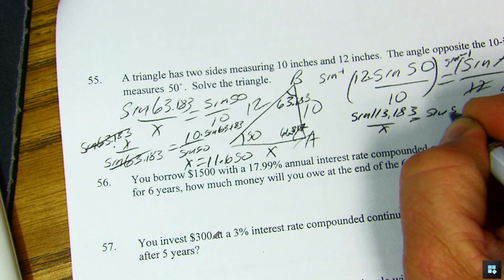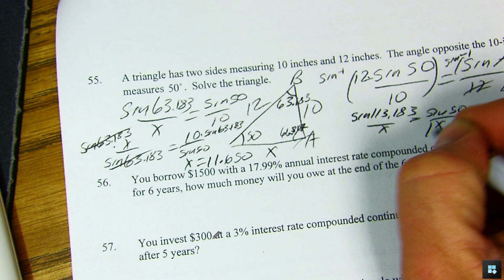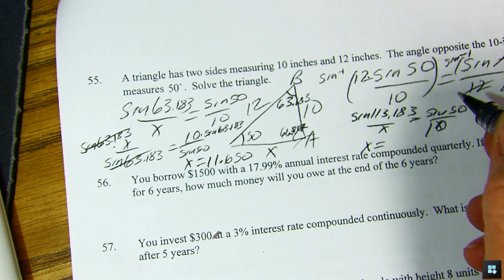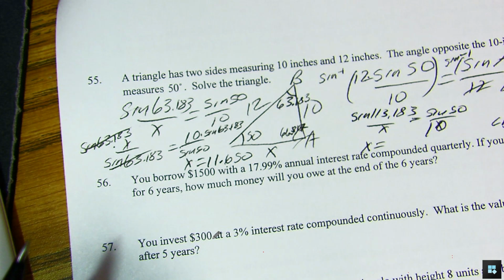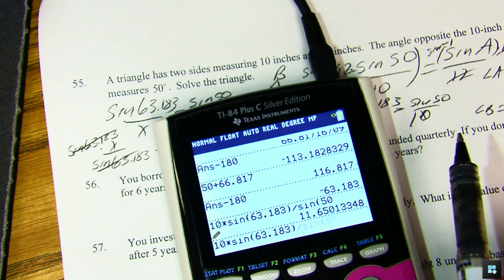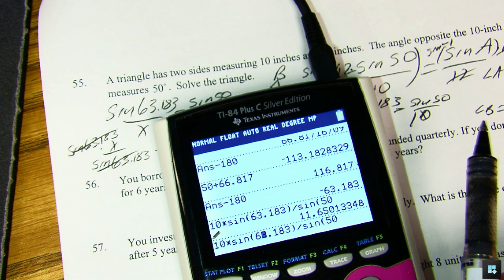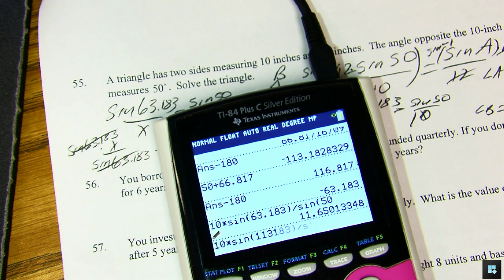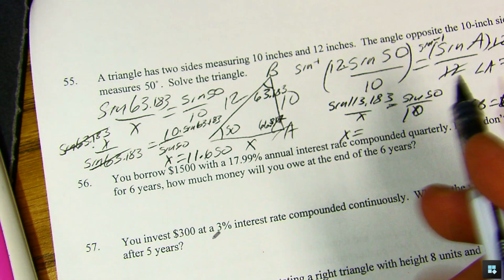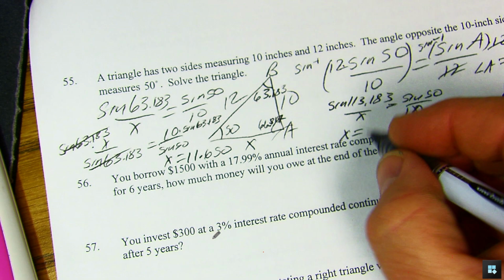By doing all the same math again, flipping, multiplying, I would here get X equals, so I'll be honest, I just did second enter, and I'm going to come back in, I'm going to change this right back here from 63.183 to 113.183, and I get 11.9999, so in other words 12.